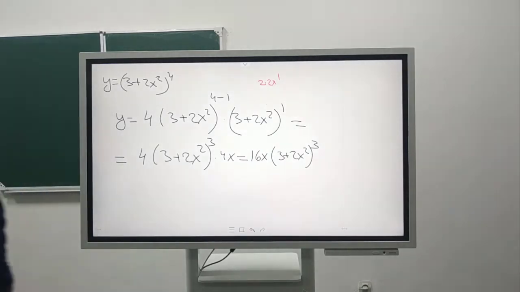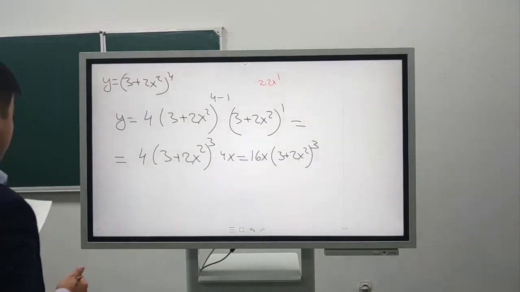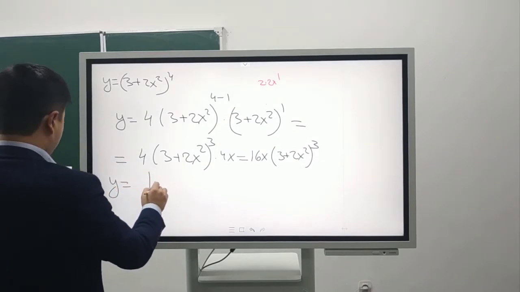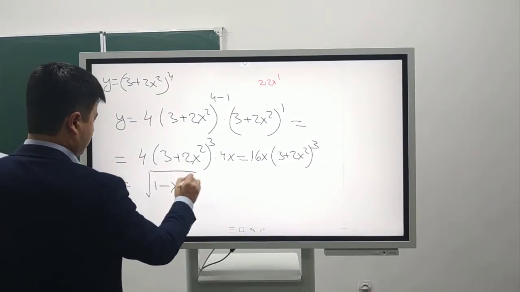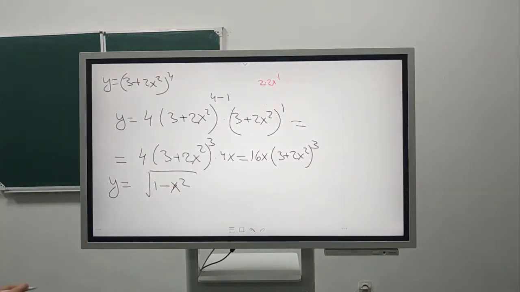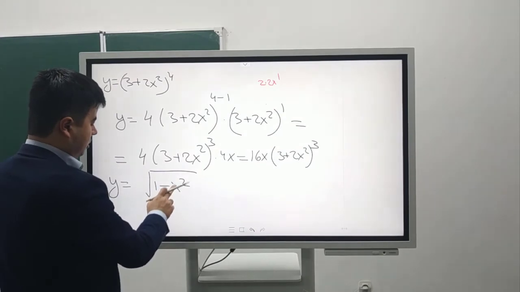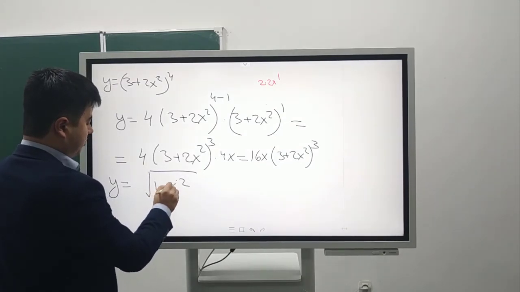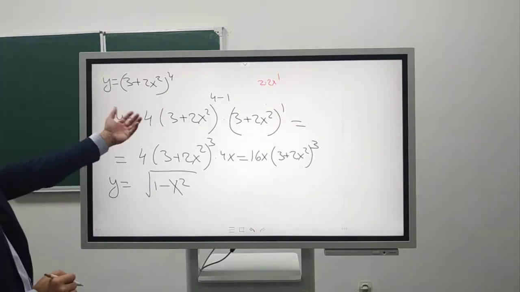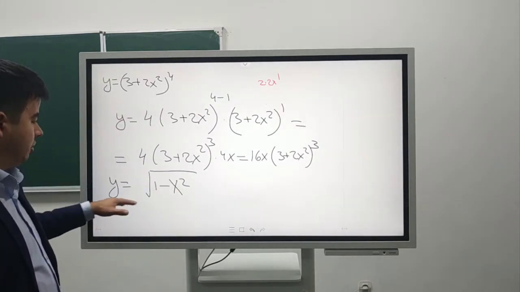And now, next example. The next function is the square root of 1 minus x squared. Here again, we have a square root function.